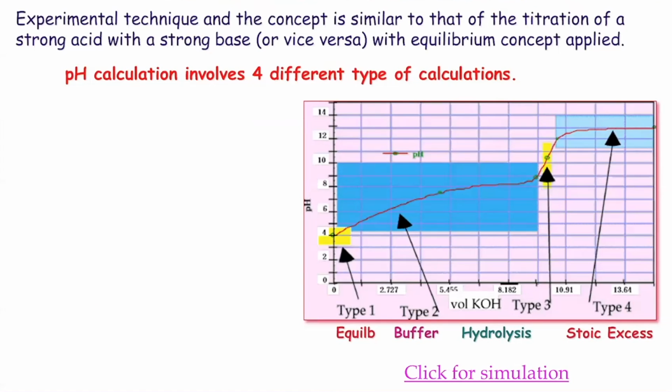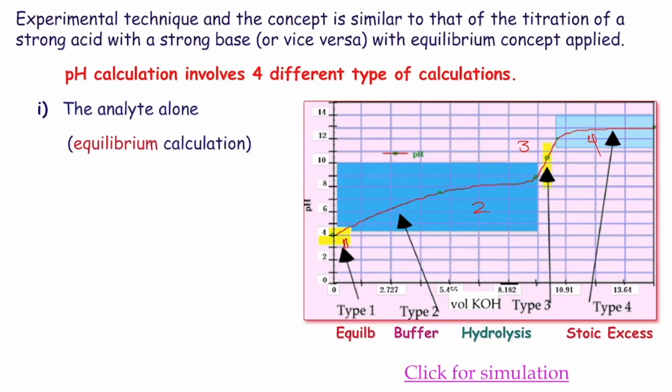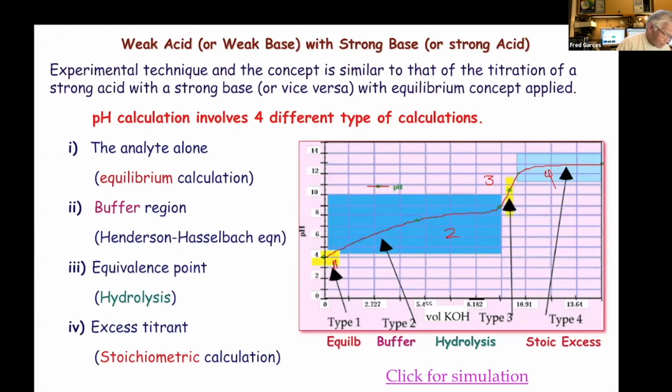Okay, I've got about 15 minutes, so I'm gonna somewhat summarize it for you. In this particular problem, this is the titration curve. Notice this is region 1, this is region 2, this is region 3, this is region 4. Those are the 4 types of calculations I showed you. That's basically what we talked about last time.